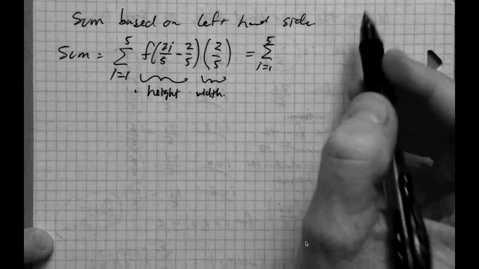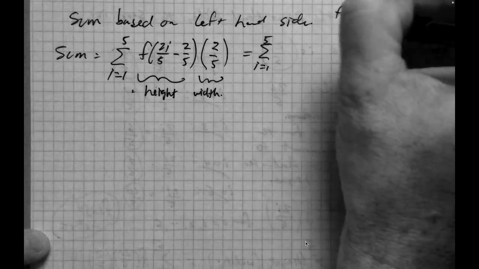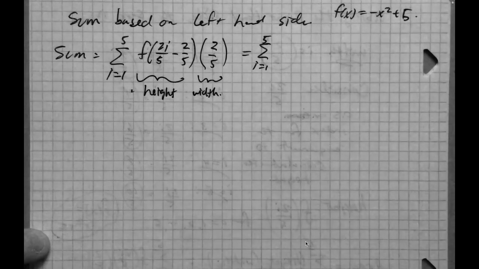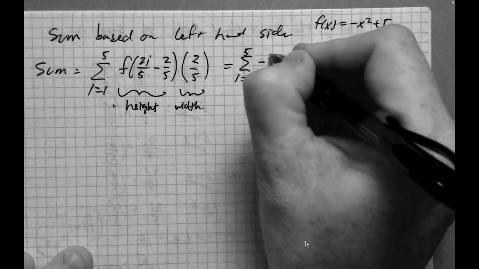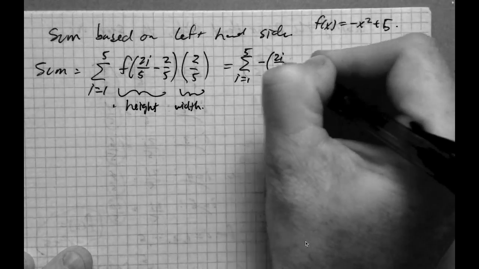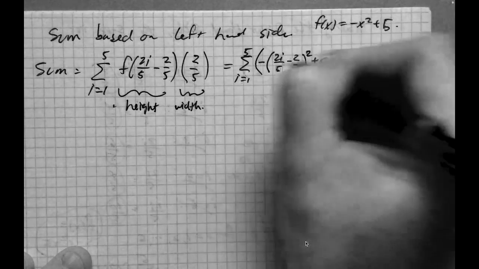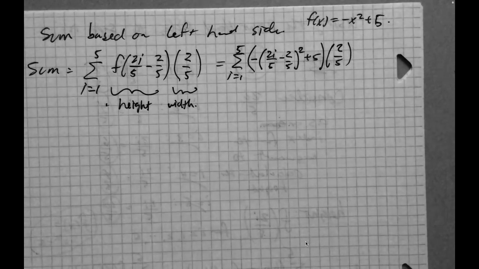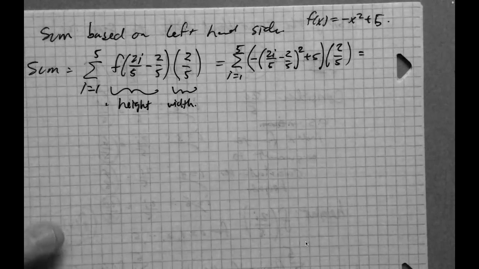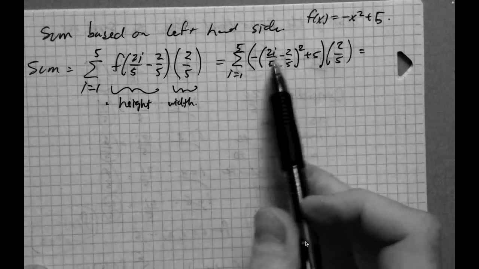The function is negative x squared plus 5. So this would become negative 2i over 5 minus 2/5 squared plus 5, times 2/5.